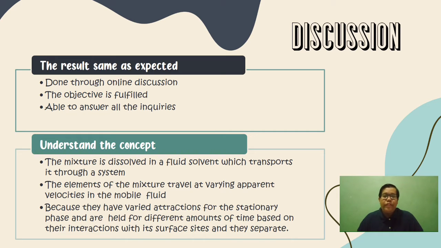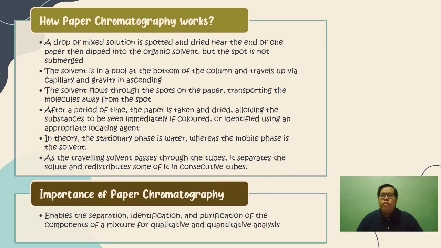As a result, they separate. The separation is based on the mobile and stationary phases partitioning the compounds differently. Differences in the partition coefficient of a compound cause differential persistence on the stationary phase, which affects separation.